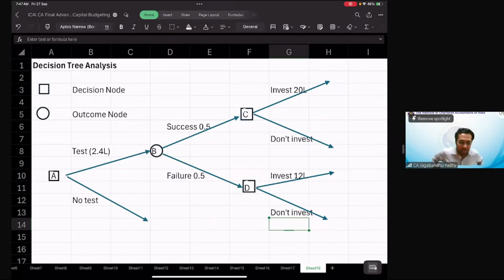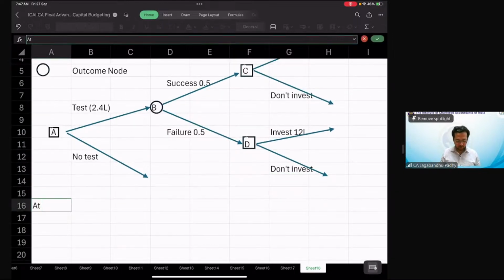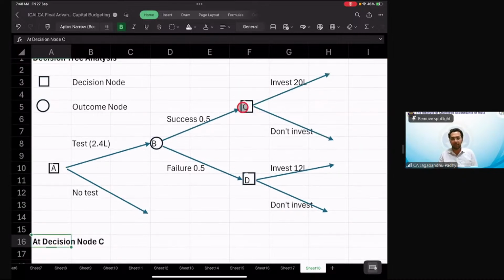Now here, a decision has to be taken at every decision node. So let us say at decision node C, what is our choice going to be?